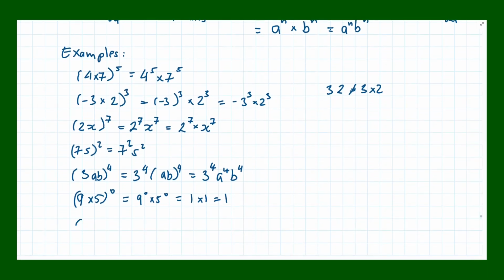Let me write that down again: 9 times 5 to the 0. It doesn't matter what's inside the bracket, because what I know is that any number whatsoever raised to the 0 power will always, always, always give me 1. So I don't even have to bother about breaking it out into individual multiples. I can just straight away replace it with 1.